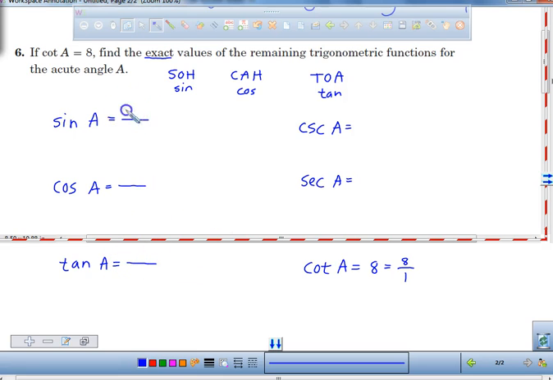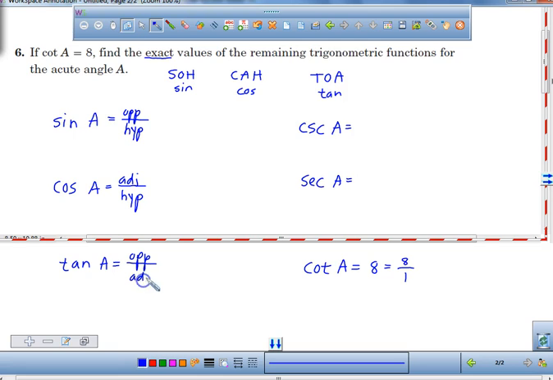Sine is the opposite over the hypotenuse. Cosine is the adjacent over the hypotenuse. And tangent is the opposite over the adjacent.